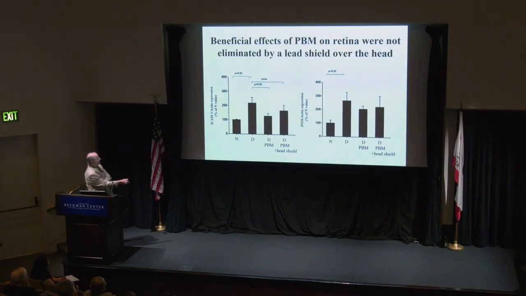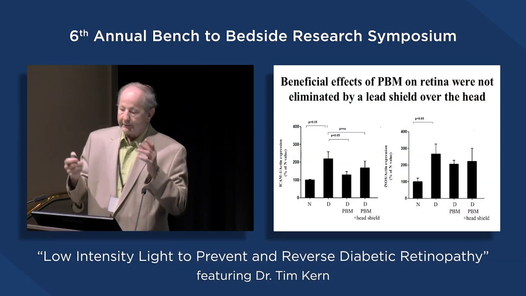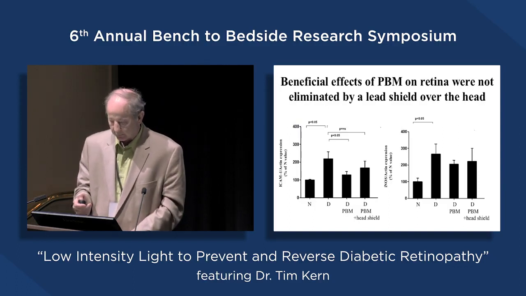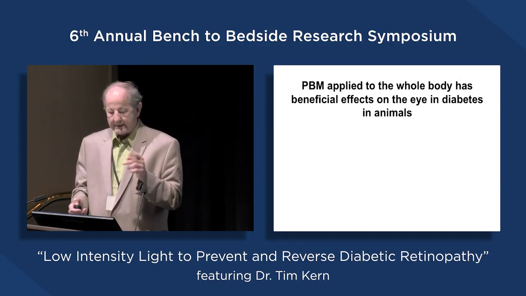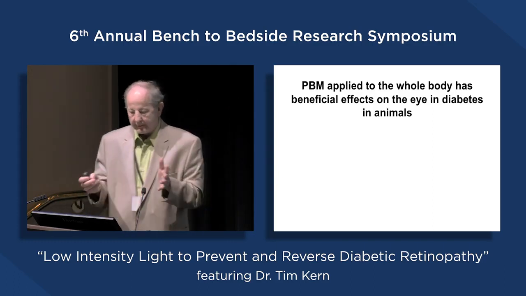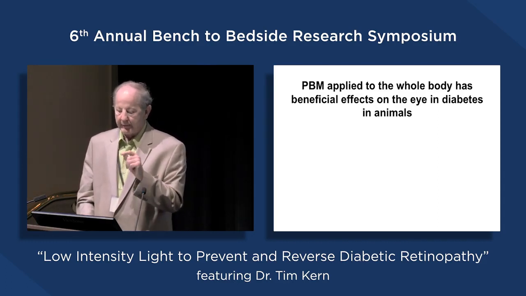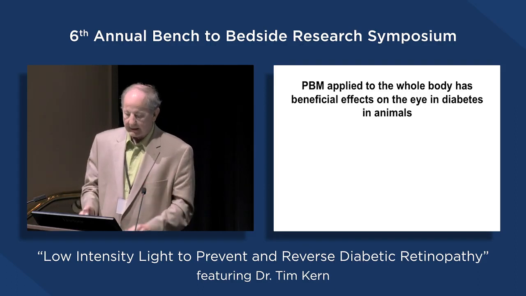The effect of the head shield was, again, not very marked for ICAM, but in the iNOS expression, it just wasn't as good as in the case where there were no beneficial or adverse effects of the shield over the head. So basically, the overall impression from this is that the light therapy or photobiomodulation applied to the whole body has beneficial effects on the eye in diabetic animals.